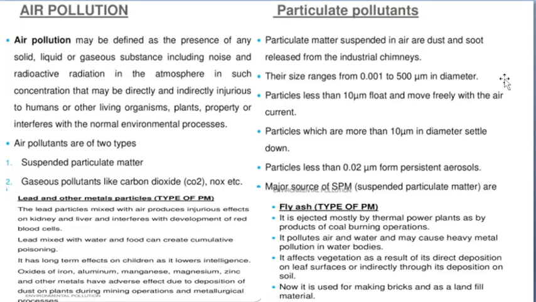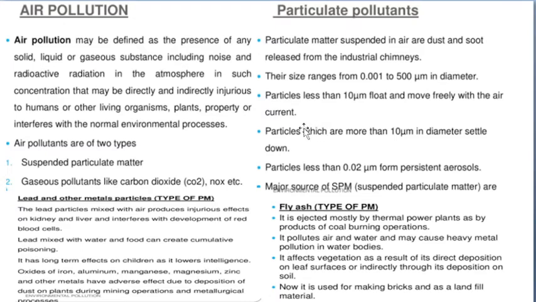They are dust and soot released from industrial chimneys and automobiles. So which type of particle do we call particulate matter pollutant? Those whose size varies from 0.001 to 500 micrometer in diameter.